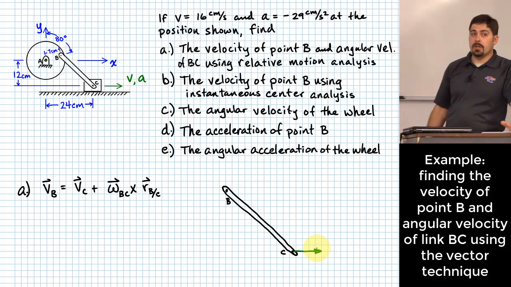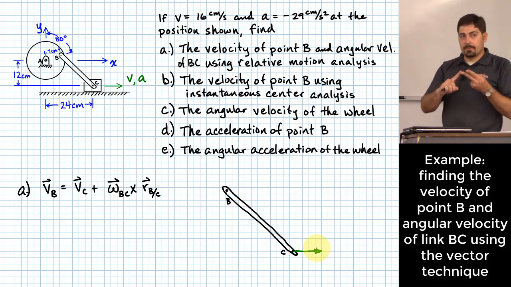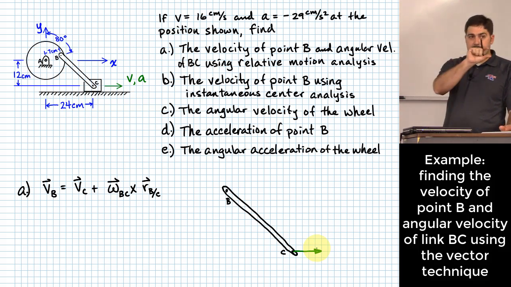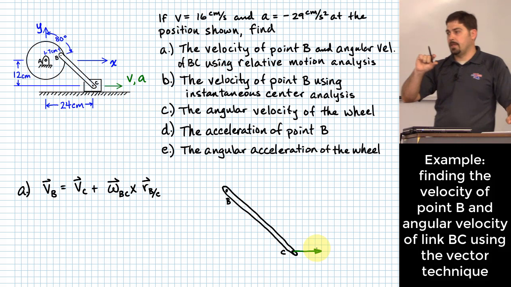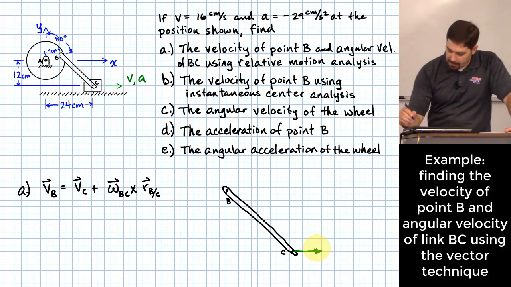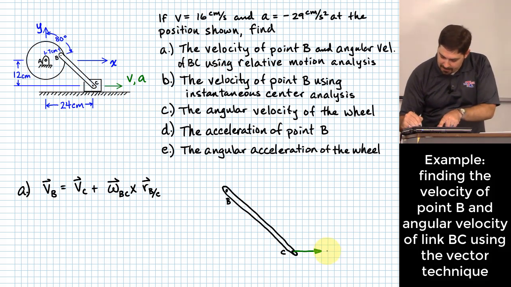That means that there cannot be a velocity component and there cannot be an acceleration component in the up and down direction for point C. Its velocity and acceleration have got to be horizontal along that surface. And so I know that value is 16 centimeters per second.